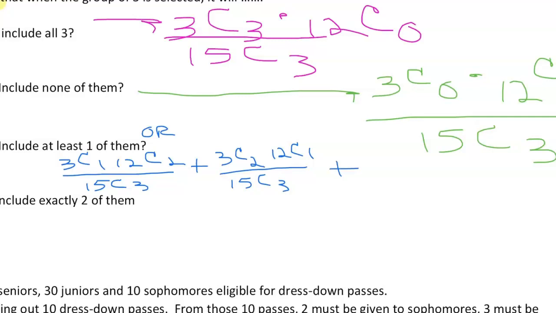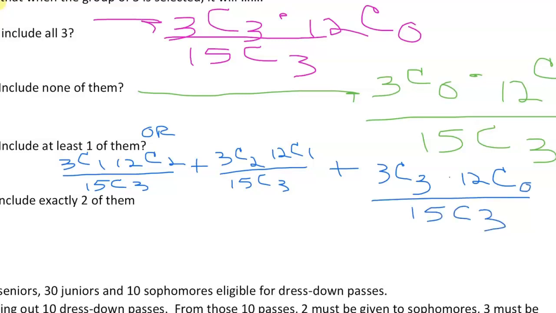But then I had the possibility that there's 3 of them, because that's also at least 1. So it's going to be 3 choose 3 times 12 choose 0, over 15 choose 3. As opposed to exactly 2 of them.